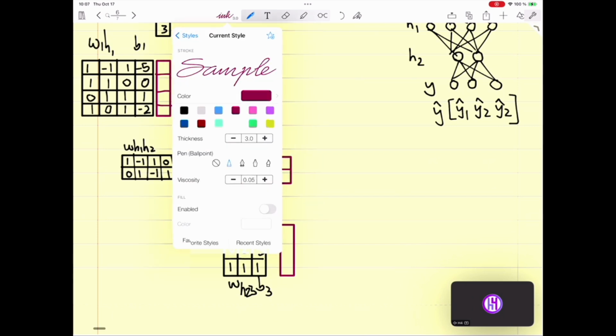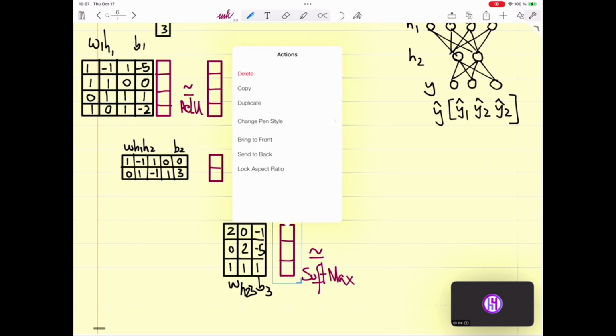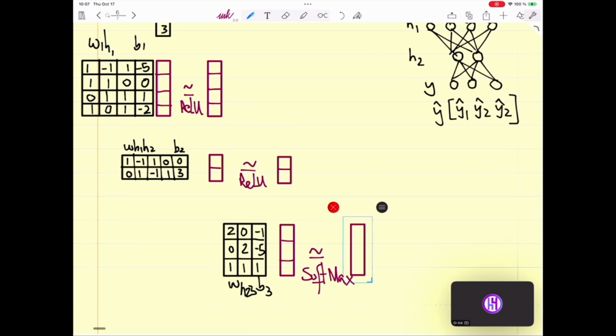Once we perform the feed forward, then we do some softmax. And this is important. The last layer is going to be a softmax. It's not going to be a ReLU.